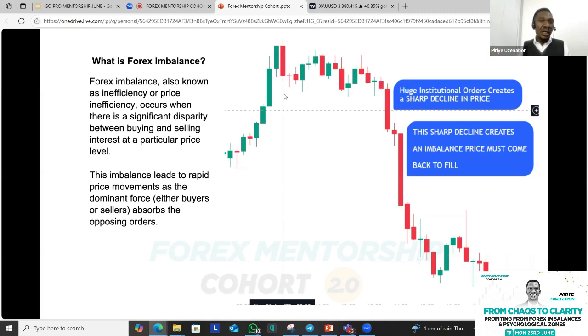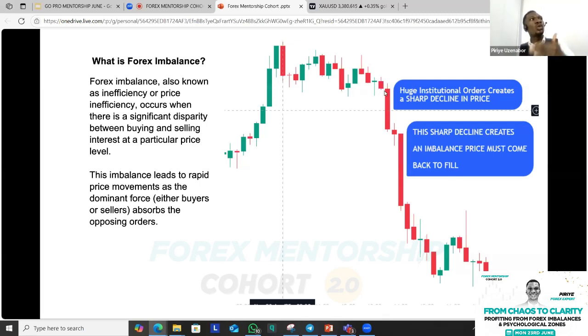That would mean that the amount of sell orders has completely obliterated the amount of buy orders in the market, thus making the price of this asset crash to the downside. I repeat, when we have a lot of institutional sell orders coming into the market and swallowing up the buy orders, what you tend to see is a sharp decline in price. Pretty much you see that gap.